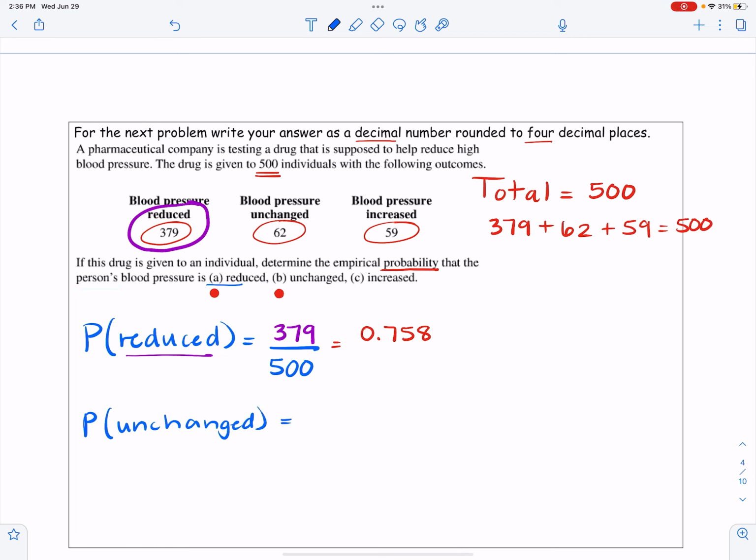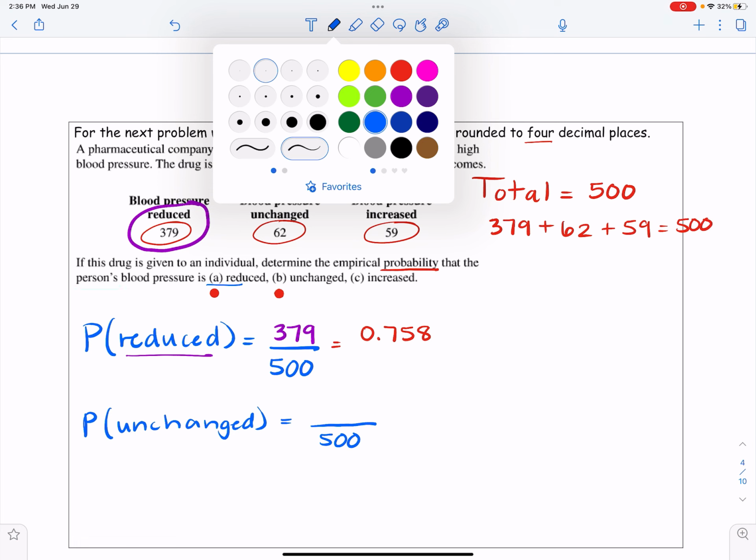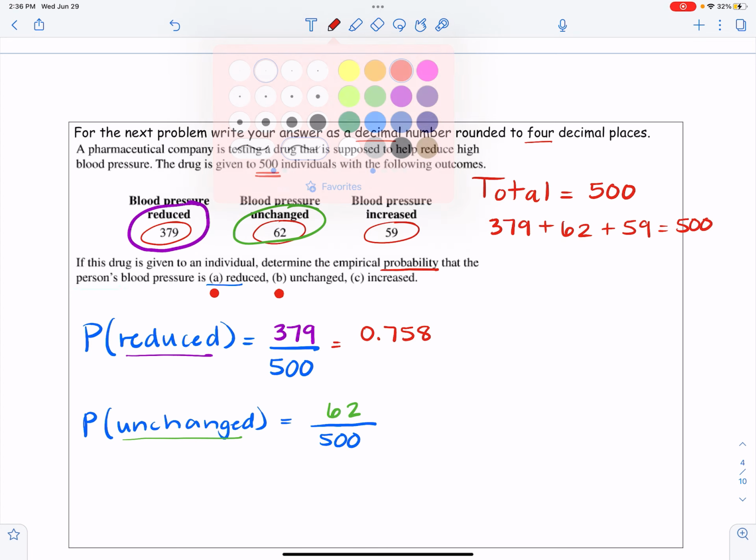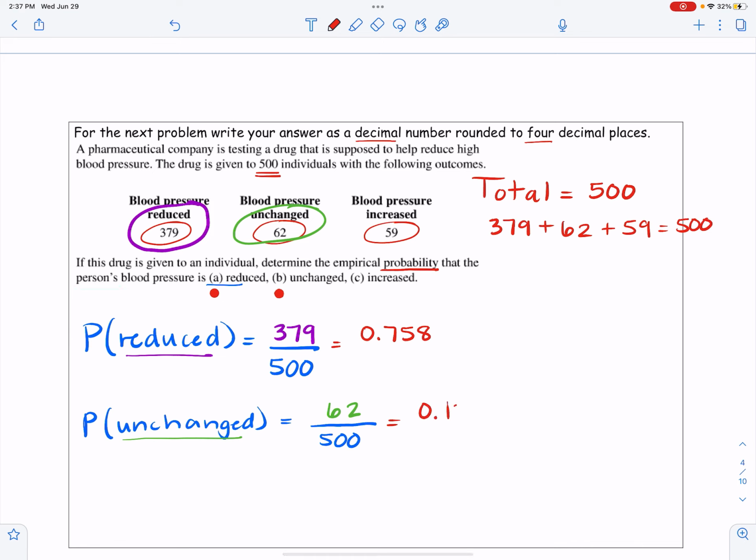The rule doesn't change. Total goes on the bottom. The one you want to look at here is unchanged. That happens 62 times. So basically how many for the event divided by the total, 62 divided by 500 here in decimal form is 0.124. And the same thing would happen for the increased.